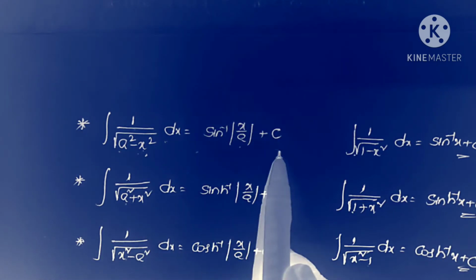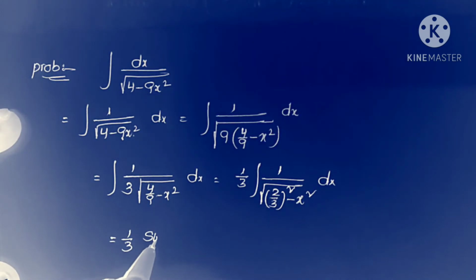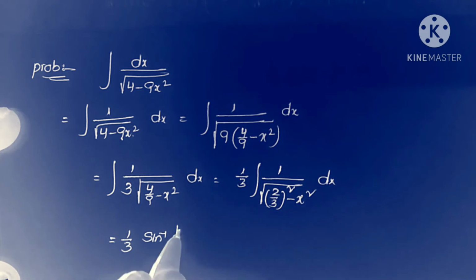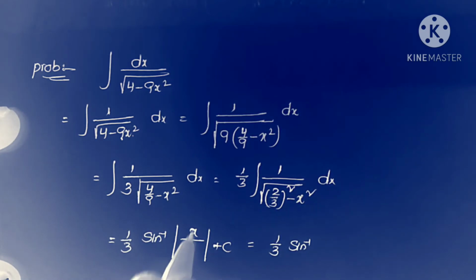It is sine inverse x by a plus c. So this is sine inverse of x by a, where a is 2 by 3, plus c. So the answer is 1 by 3 into sine inverse of x by 2 by 3, that is 3x by 2, plus c.